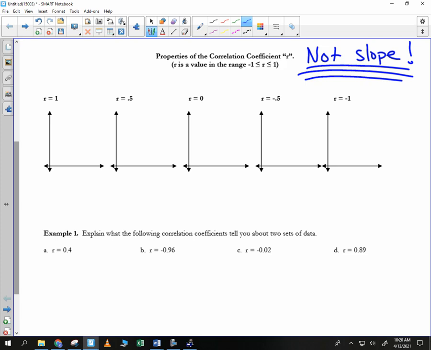Meaning if you were to plot the dots, they would make basically a straight, perfect line. That would be about an R value of 1.